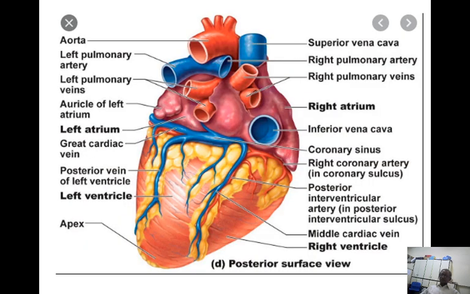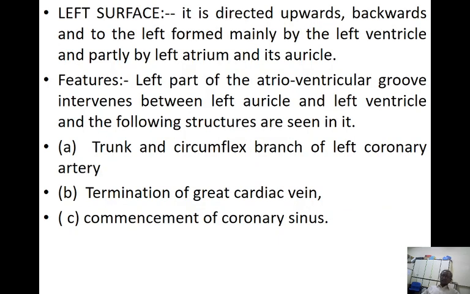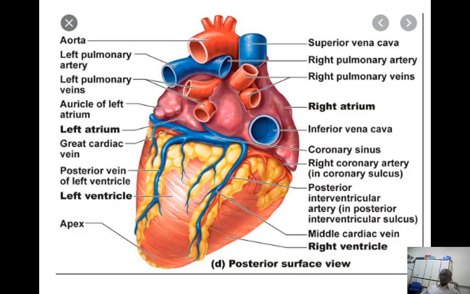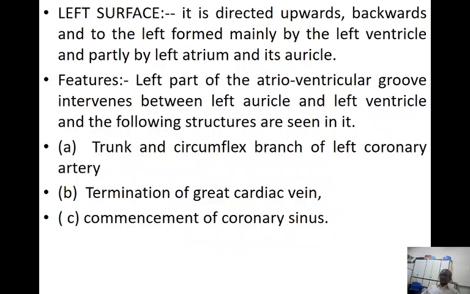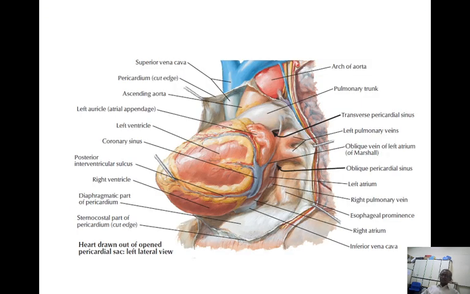So here we are seeing the left surface. The left surface has the left ventricle and atrium, both separated by the left part of the atrioventricular groove, wherein we have the great cardiac vein, coronary sinus, and the circumflex branch of the left coronary artery. Here we see the same thing, but it is less clear.